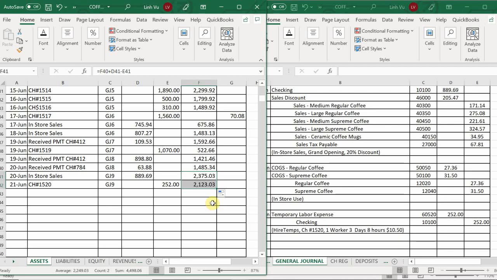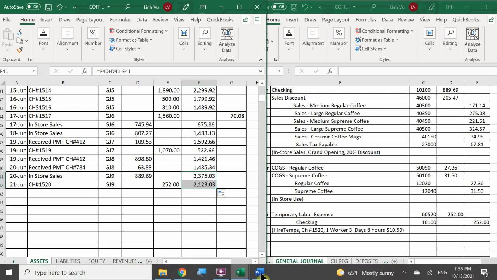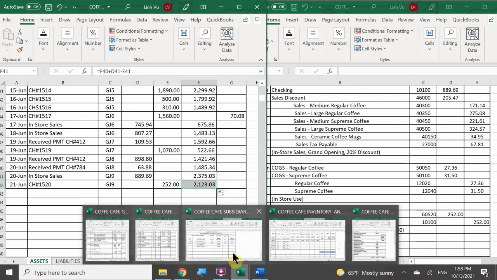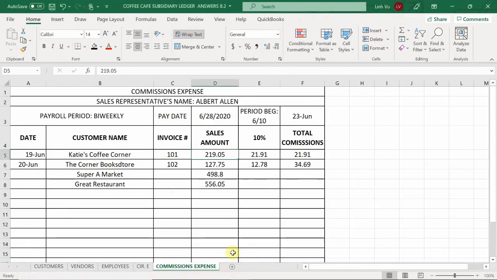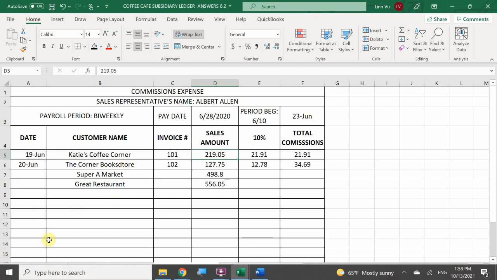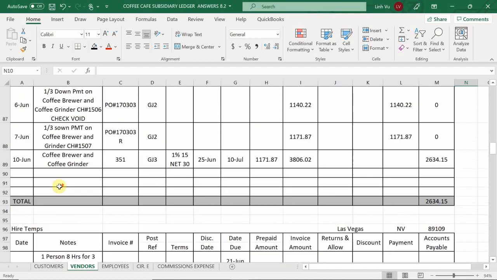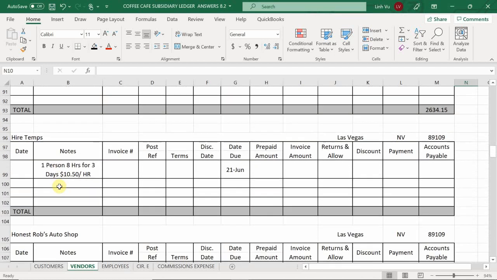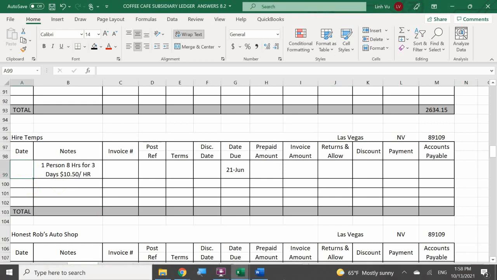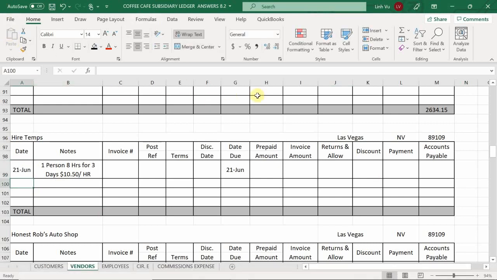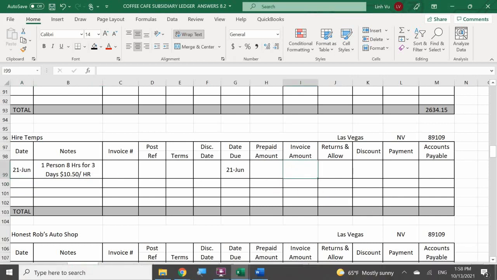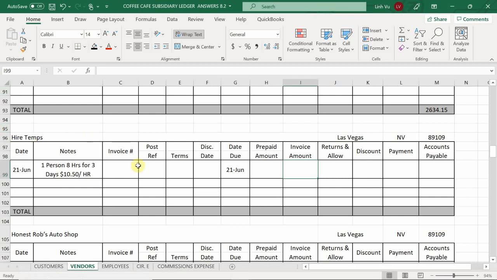So we're going to the subsidiary ledger, because we have the account. Hire temps. We're just writing the last time. 21st, and no invoice. We have journal page 9.